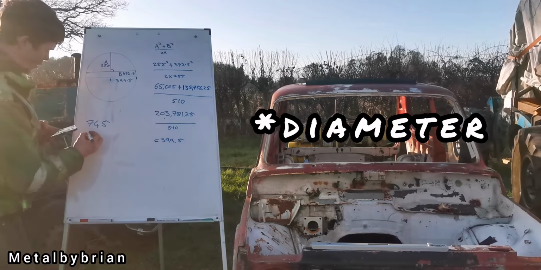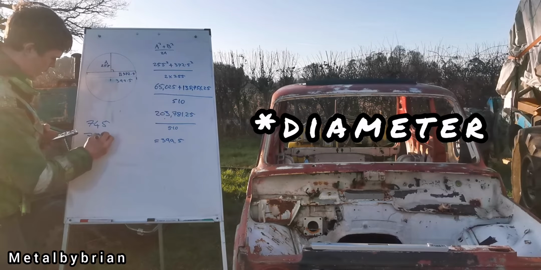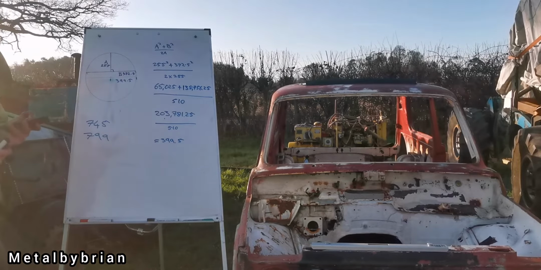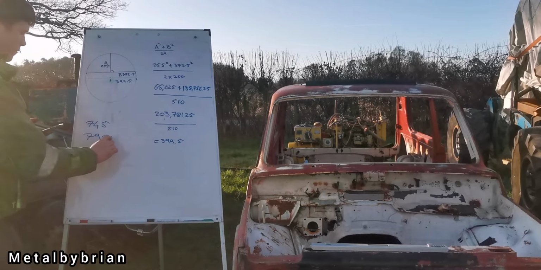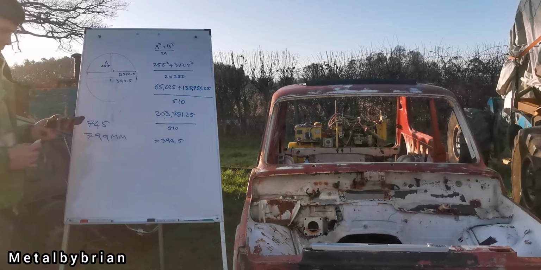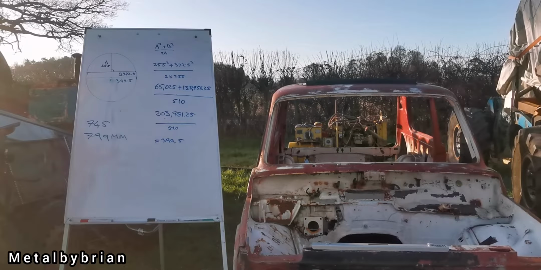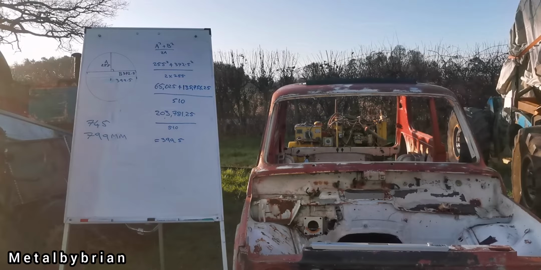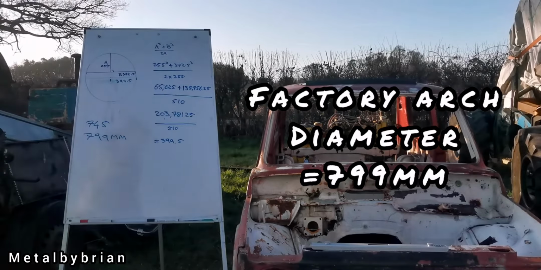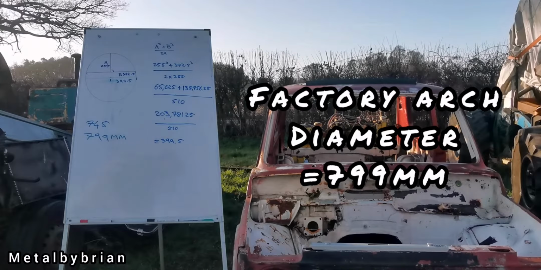We have a new radius of 799 millimeters. That's what our radius, our diameter, sorry, is of our circle.